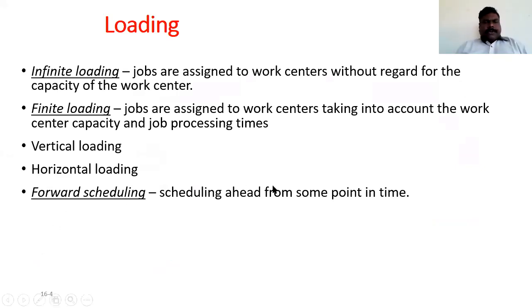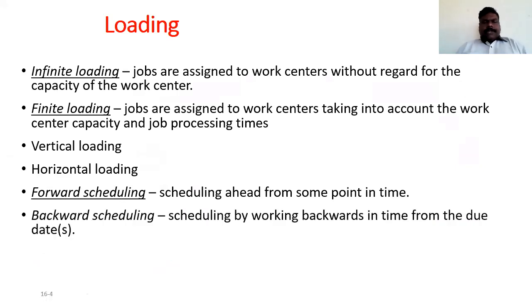Forward scheduling means scheduling ahead from some point in time. We have backward scheduling, working backwards in time from the due dates. Forward scheduling means we will be looking at future dates. We are going to schedule not today or yesterday, but from tomorrow, the day after tomorrow and next week.